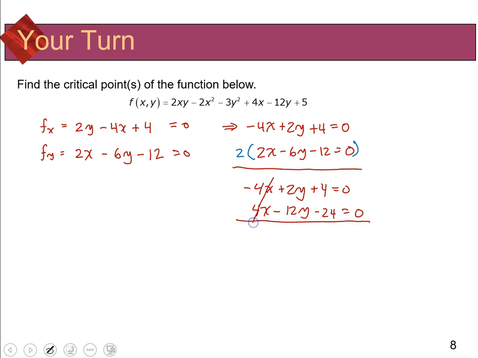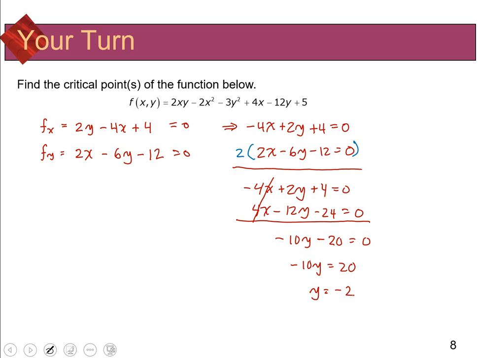When I add, these cancel. I end up with a negative 10y minus 20 equaling 0, which means I have negative 10y equaling 20. Divide both sides by negative 10, I get y equals negative 2.